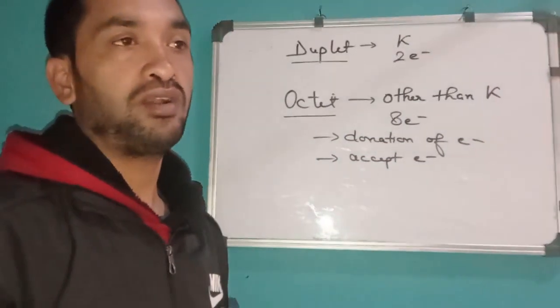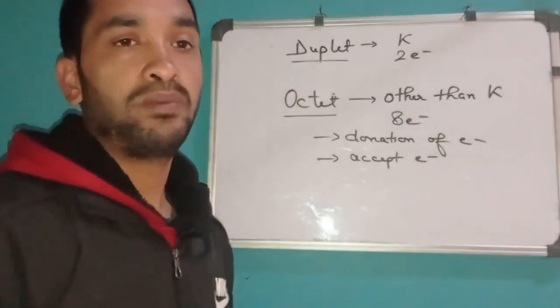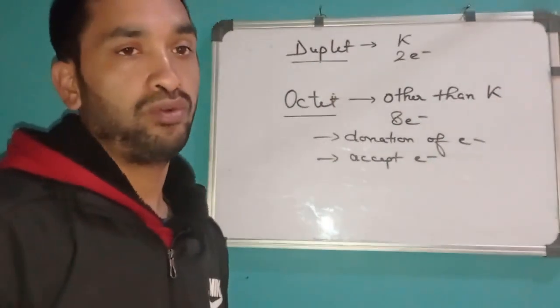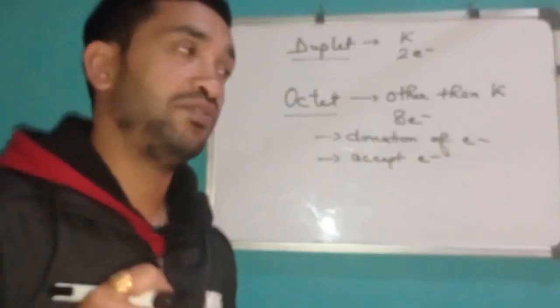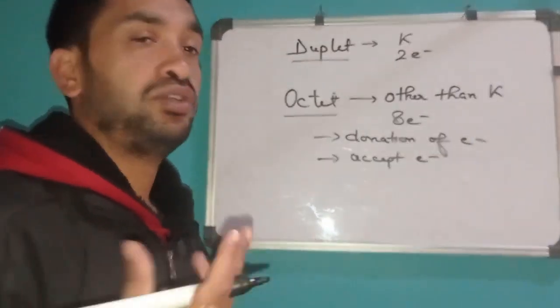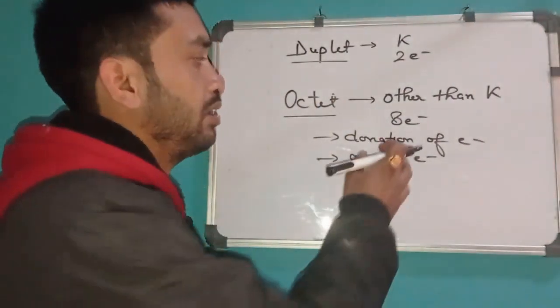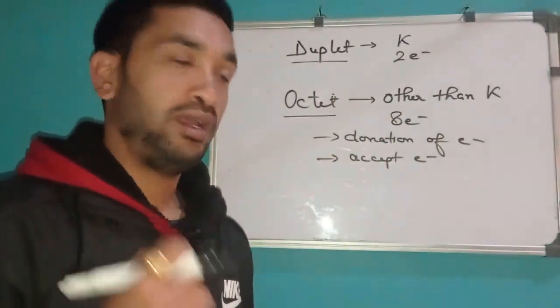You can add electrons to achieve duplet or octet state, or you can donate electrons to get into duplet or octet. It's very easy. One word question or two word question. What are the two states? Duplet and octet. What are the ways to achieve stability? Either donate electron or accept electron.